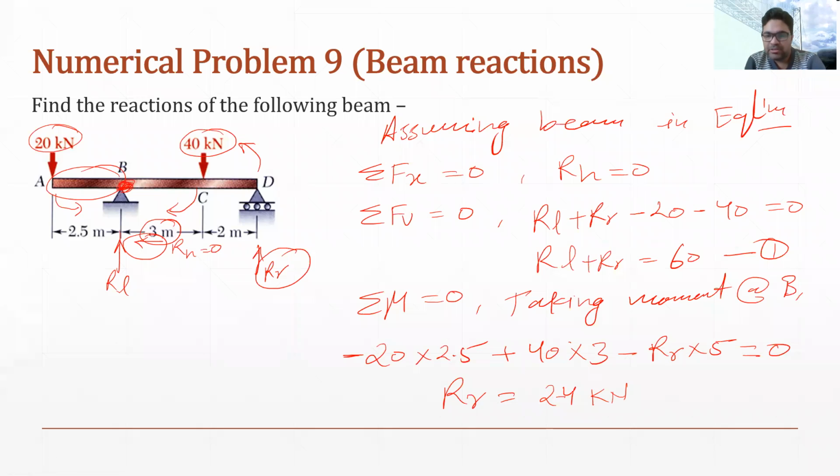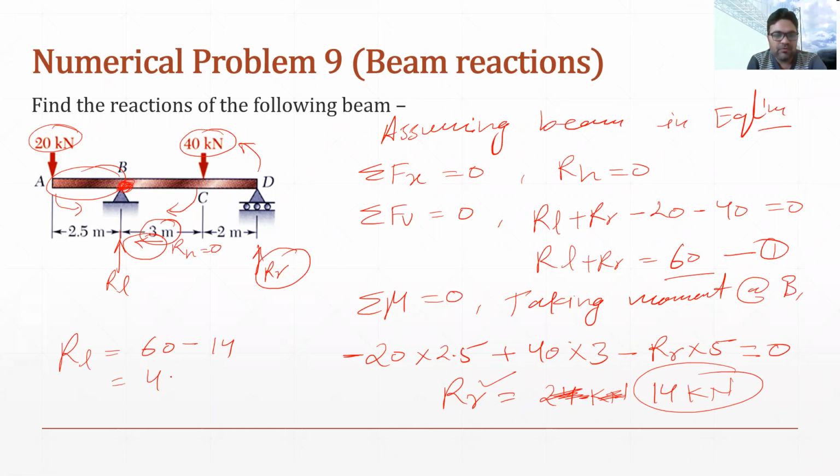No, actually, it is 14 kilonewton. So when we solve this equation, we get RR as 14 kilonewton. And then putting this value of RR in equation 1, we get the value of RL as 60 minus 14, which is 46 kilonewton. So now you can see RL is 46 kilonewton and RR is 14 kilonewton.